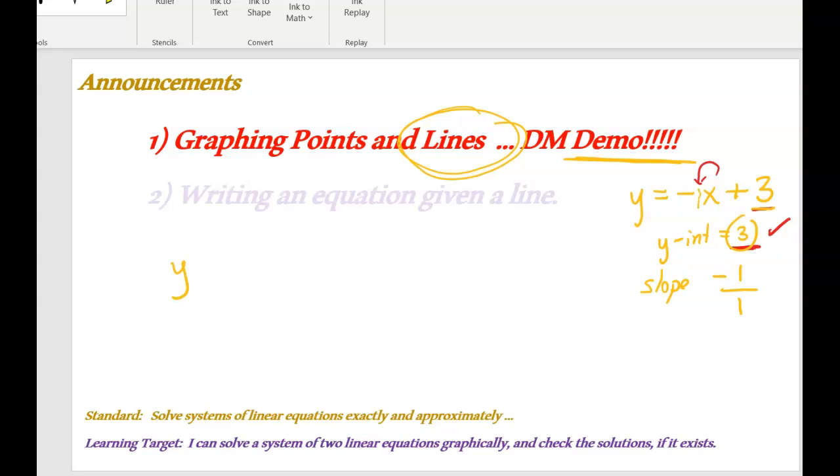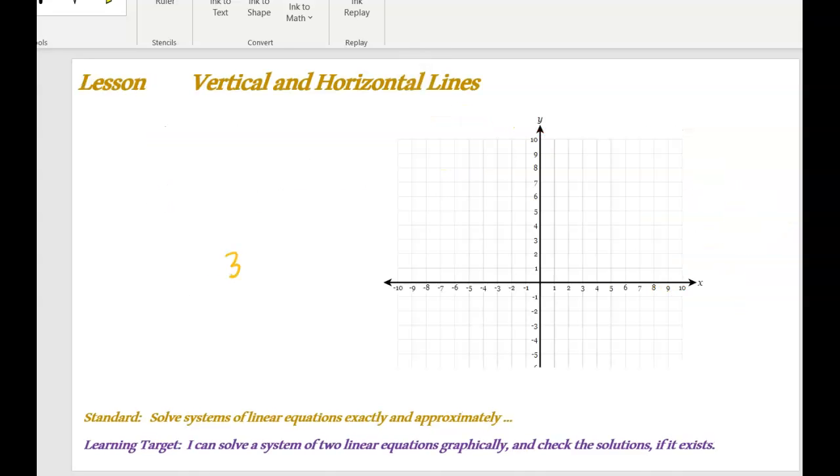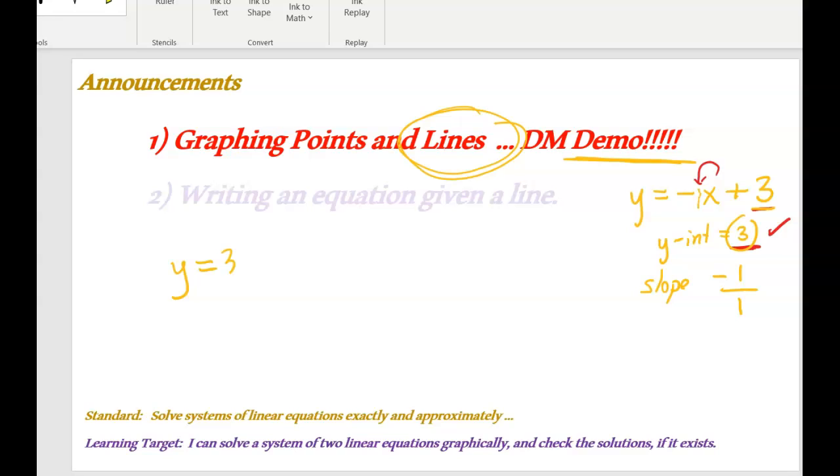Just to give you another example, if you see y equals 3x plus 4, 3 is the slope, so you have to write 3 over 1. Any number that's not a fraction, you put over 1 because 3 divided by 1 is 3. For slope only, not for y-intercept.